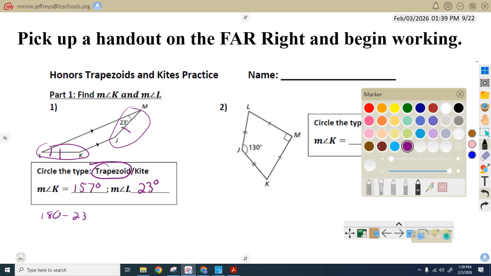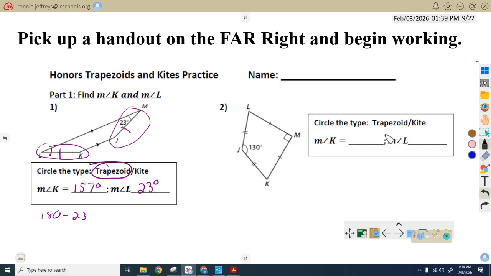Okay, so number 2. Savannah, what type is this? How do you know? You just know? Apparently she was locked into the matrix. Well, we know that it has these two, they're adjacent and congruent. It's kind of like our definitions. Now, K and L should be the same, and they're neither 130 or 90.